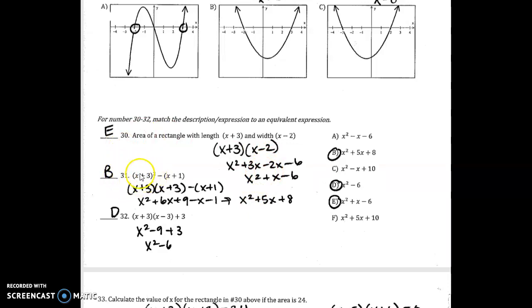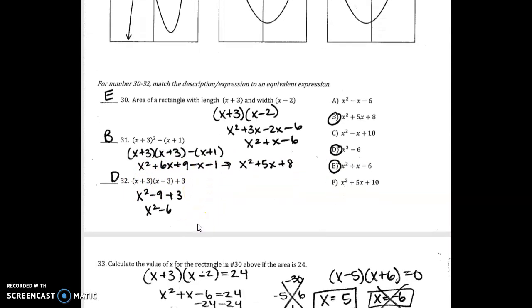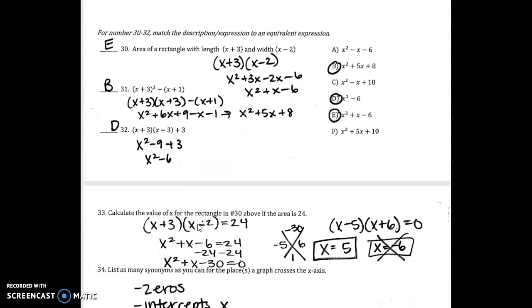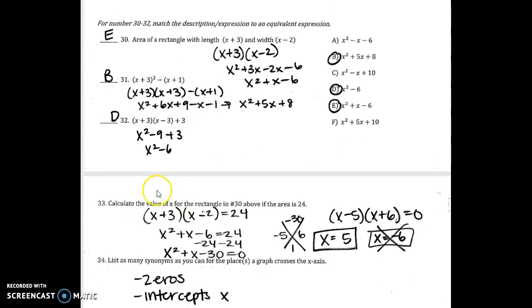31, you are going to, as I did here, multiply the x plus 3 times itself and then subtract off the x plus 1. So check that one out. Similar on 32. FOIL those first two together and then add that 3 on in the end. Last two, and luckily I can kind of show you both of these. Number 33 says calculate the value for x for the rectangle in number 30 above if the area is 24.